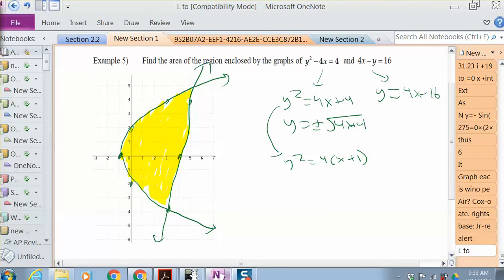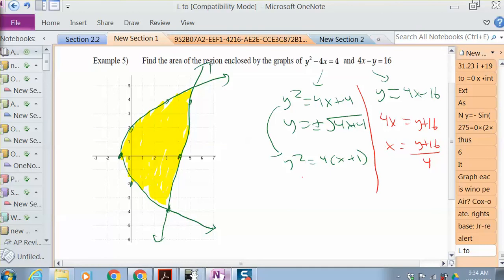So anyway, you want to find the area of that region. Now, it's hard to do top minus bottom, so we're going to do right minus left. What that means is that actually we should rewrite the equations. So I probably should have isolated x in each case. So 4x equals y plus 16. x equals y plus 16 over 4.